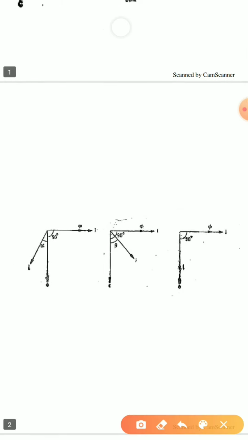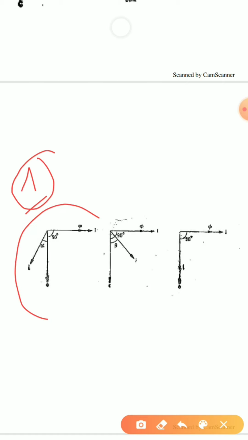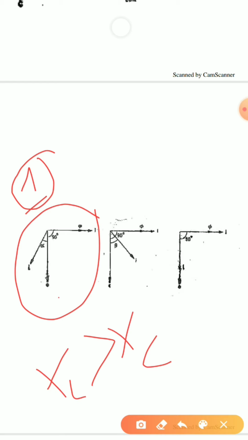Here we can see that there are three conditions. Let us look at the first condition. In the first condition, the moving coil is considered with the value of XL greater than XC. Here IM will lag E by an angle alpha.